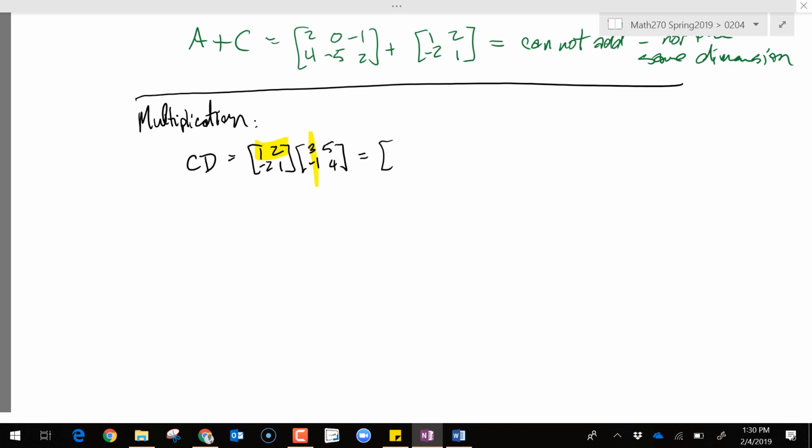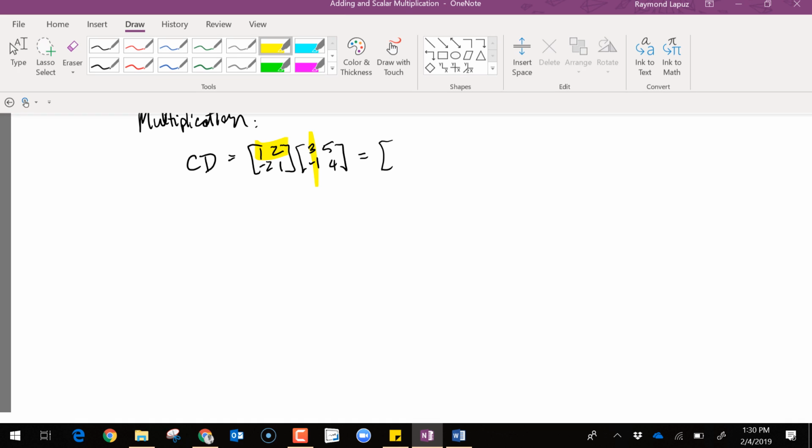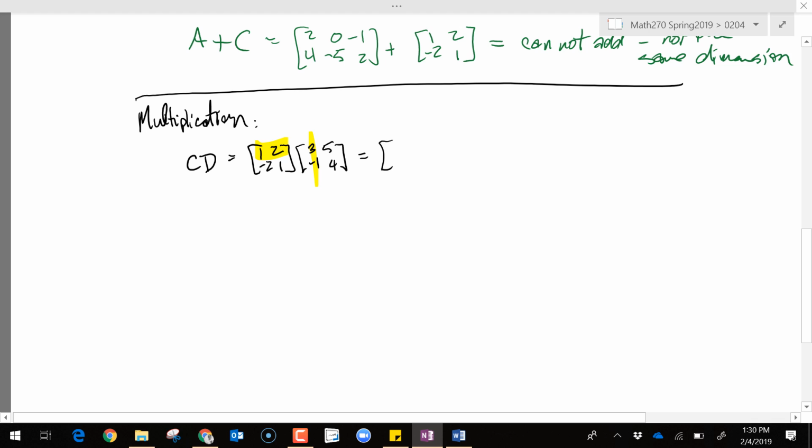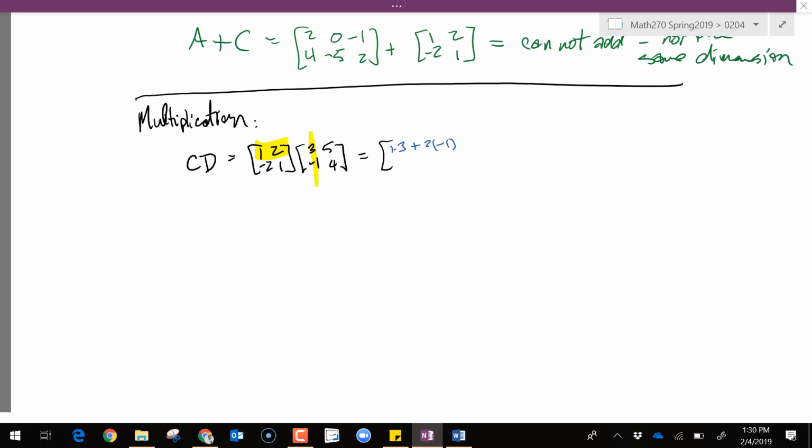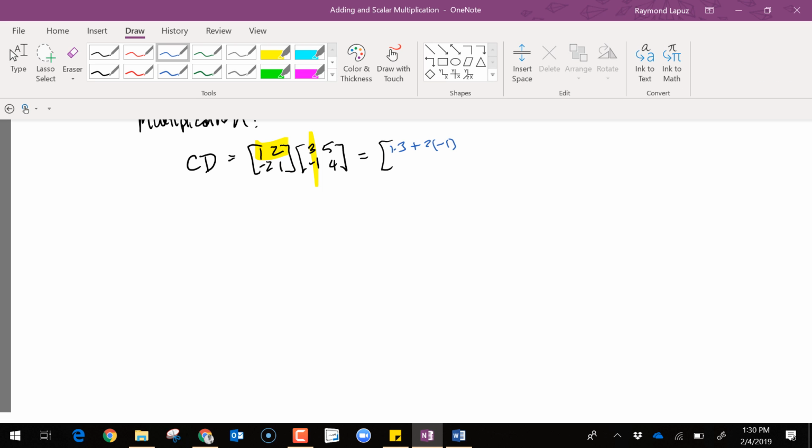By multiply, it's kind of like a dot product. In this particular scenario, the 1, 2 gets multiplied by 3 and negative 1. You actually multiply 1 times 3 plus 2 times negative 1. Then you get the value for that, and that's going to be in that 1, 1 slot.